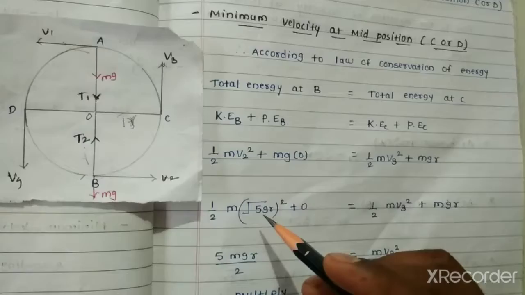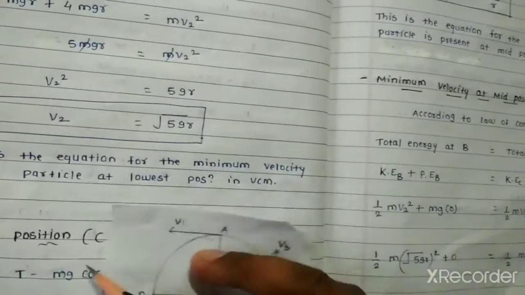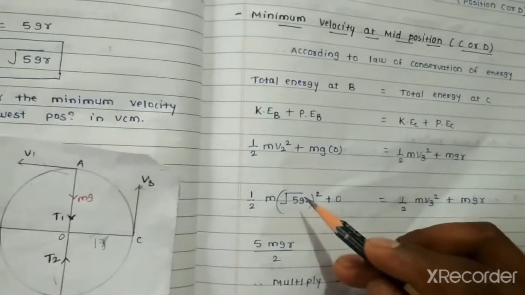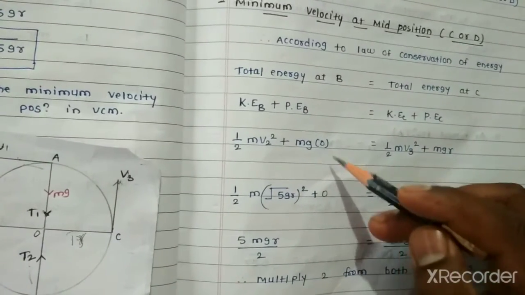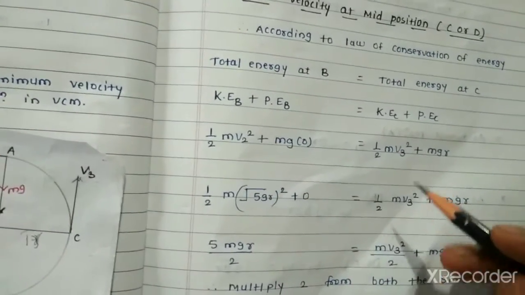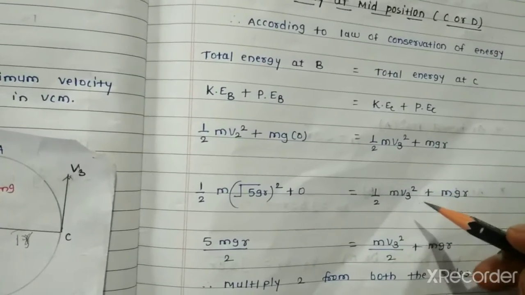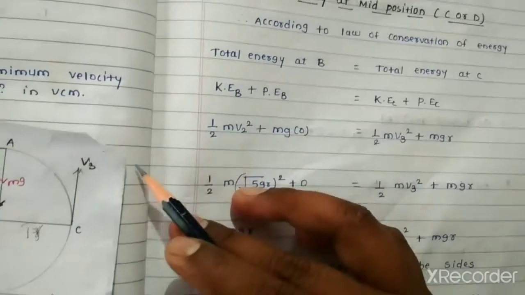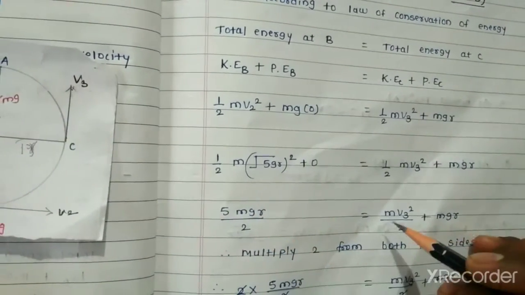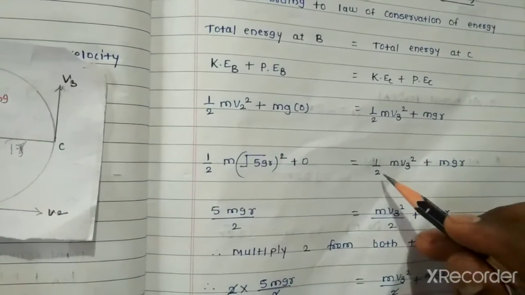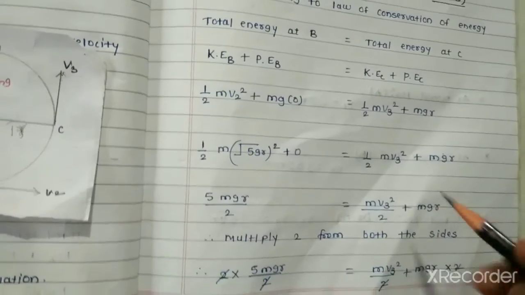So half into m, we have already derived the value of v2, that is under root 5gr. So half m under root 5gr square plus mg into 0 is equal to half m v3 square plus mgr. Therefore 5mgr divided by 2 is equal to m v3 square divided by 2 plus mgr.